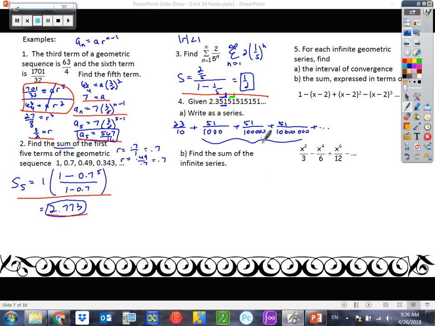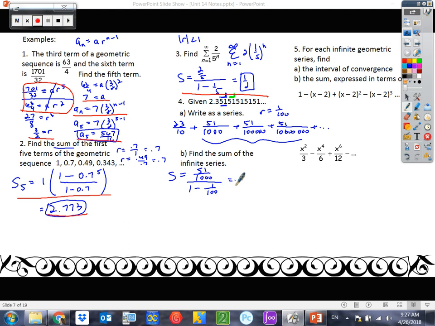If that doesn't make sense to you, you could, in your calculator, divide this one by this one, and you're going to get 1 over 100. So R is 1 over 100. So I can use this summation formula, right? The sum is going to be the first term, which is 51 over 1,000, divided by 1 minus R, which is 1 over 100.